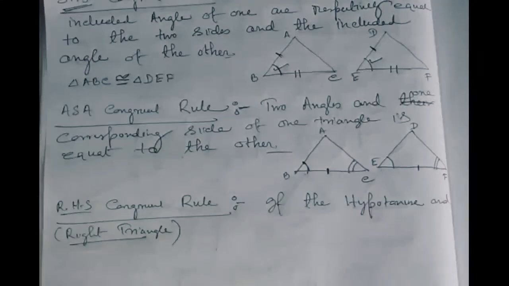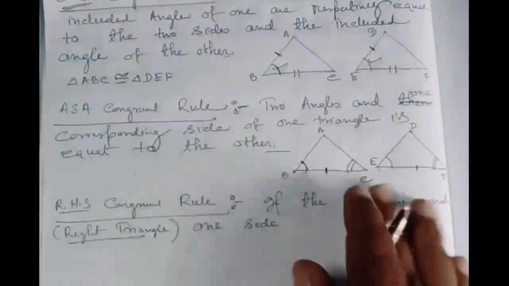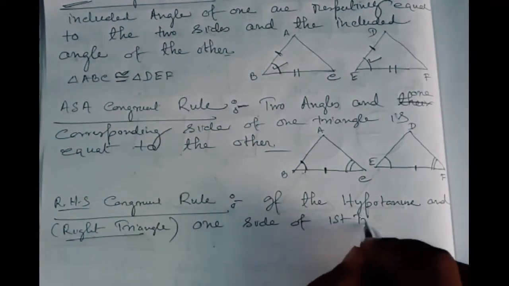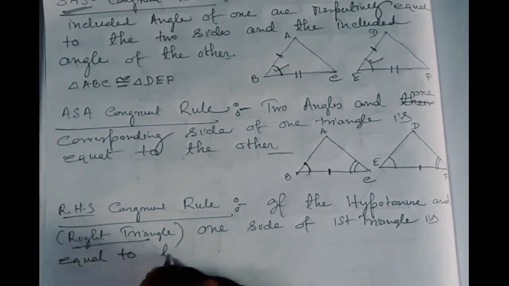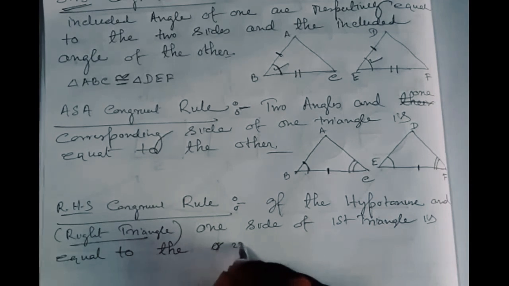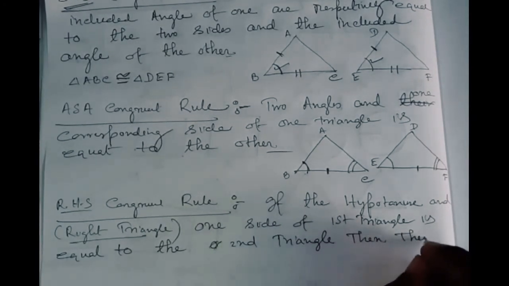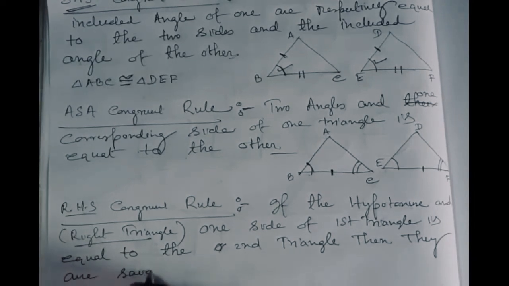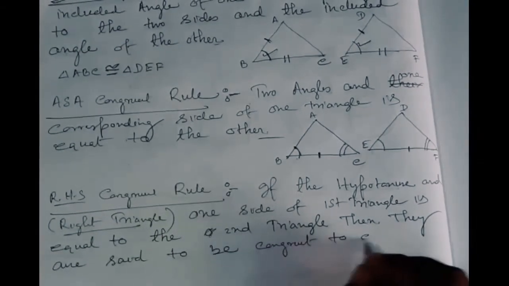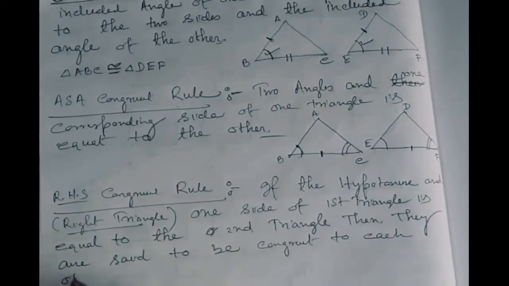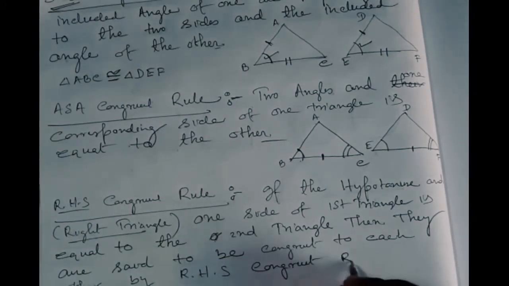and one side of the first triangle is equal to the hypotenuse and one side of the second triangle, then they are said to be congruent to each other by the RHS congruence rule.